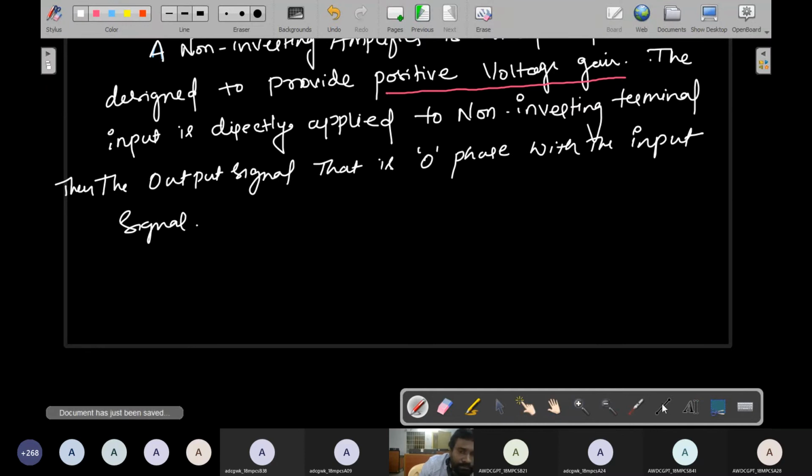Circuit diagram: this is the operational amplifier.